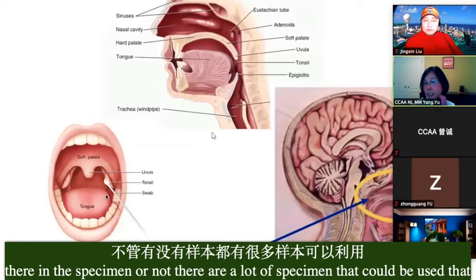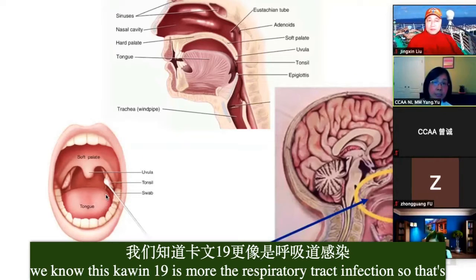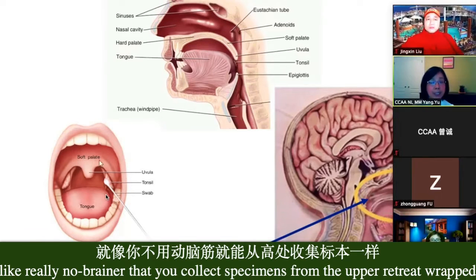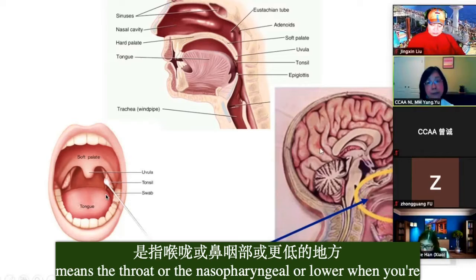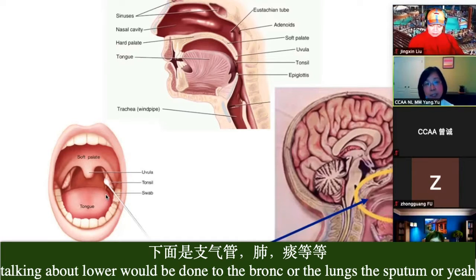There are a lot of specimens that could be used. We know COVID-19 is more a respiratory tract infection, so it's really a no-brainer to collect specimens from the upper respiratory tract, meaning the throat or the nasopharyngeal, or the lower, which would be down to the bronchi or the lungs.